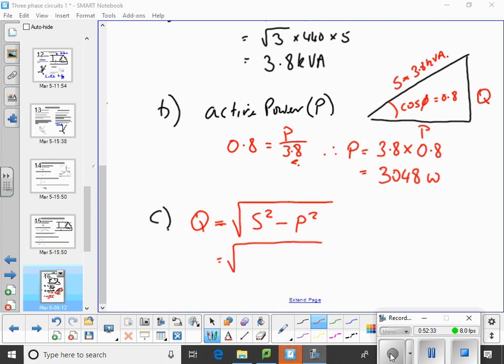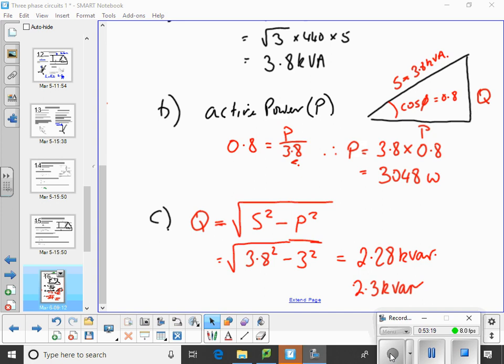That's root 3.8 squared minus 3 squared equals 2.3 kVAR, so the same number of significant figures as the others.